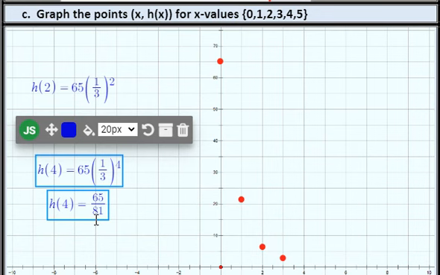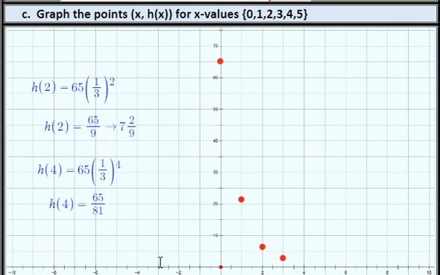So this is 65 over 81. And what I can tell you about 65 over 81 is that since the numerator is smaller than the denominator, it's a point less than 1. So this is really, really close to the x-axis.